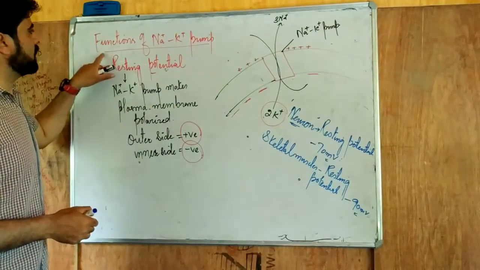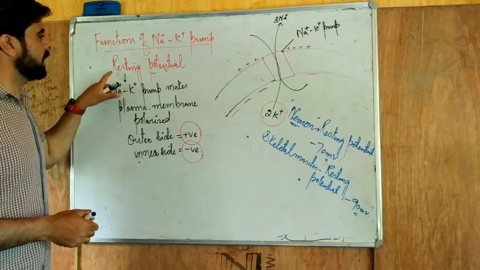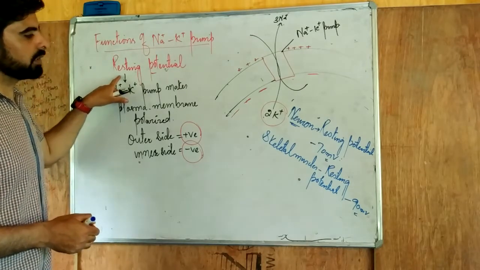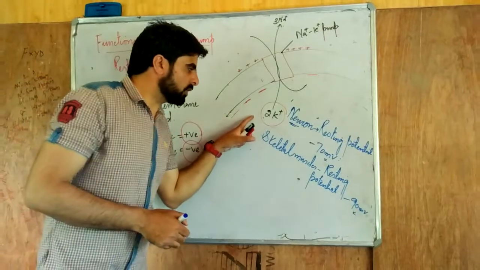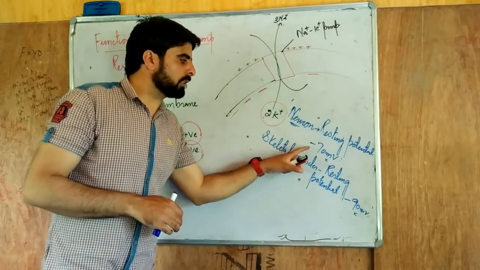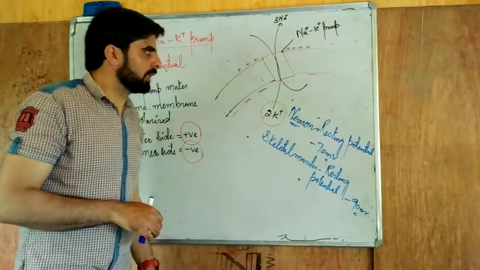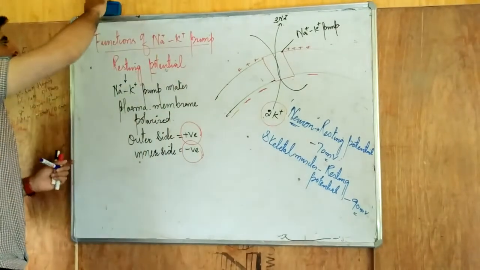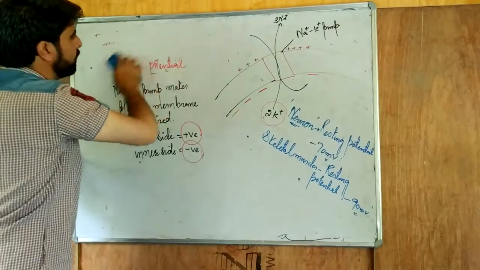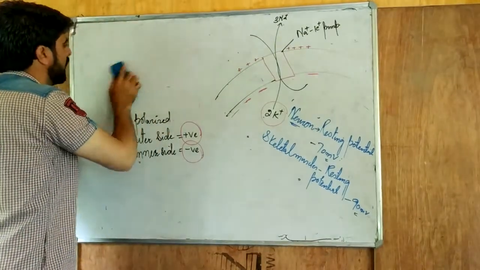So the first function of the sodium potassium pump is that it maintains the resting potential, the negative charge inside the cell. The next function, which is also important, is that it maintains cell volume and osmolality.